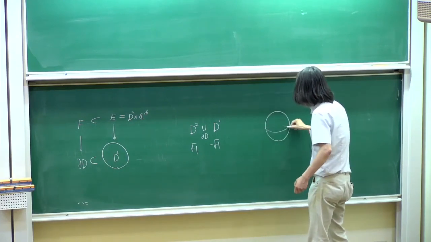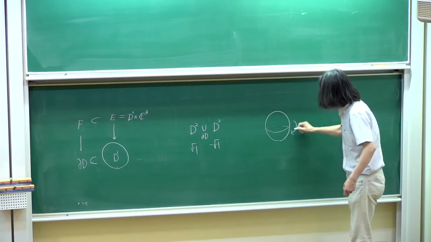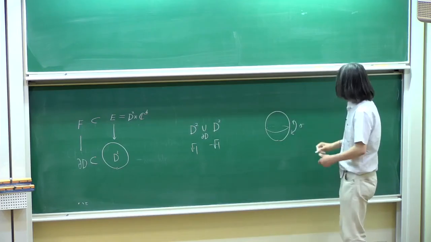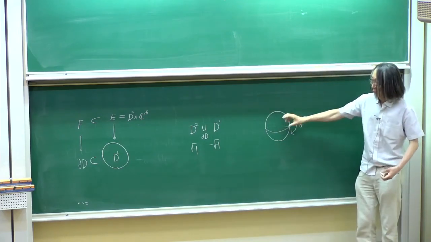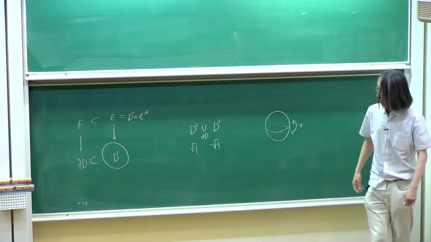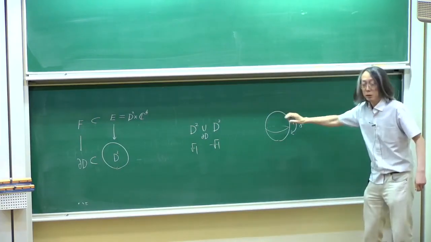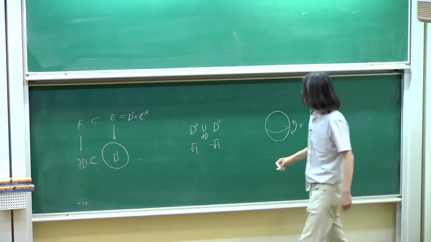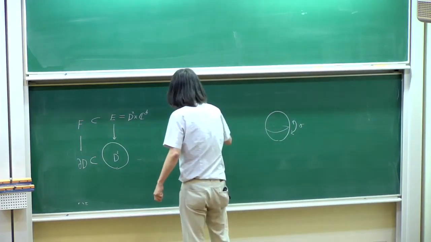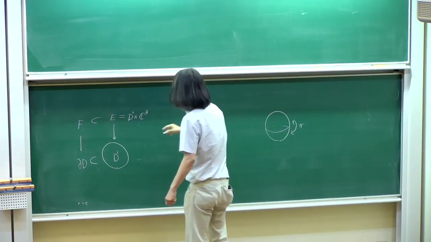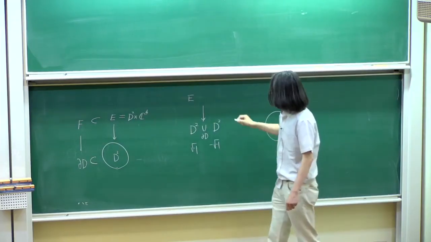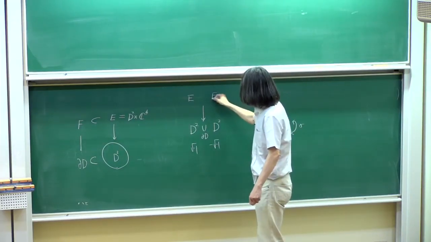So you have a disk here, and then this actually reflects, you have a certain reflection along this equator. So it is actually the anti-holomorphic involution here. And over here, you have this E, this bundle here, and then maybe I also put E here.